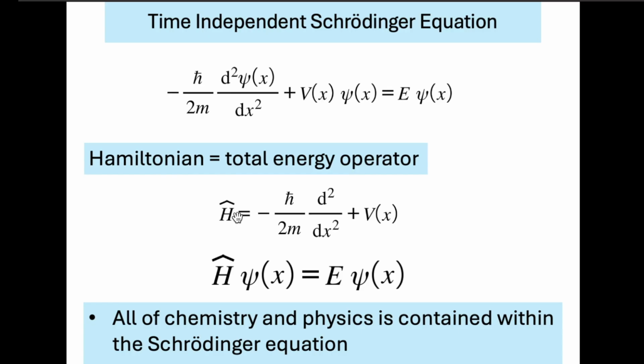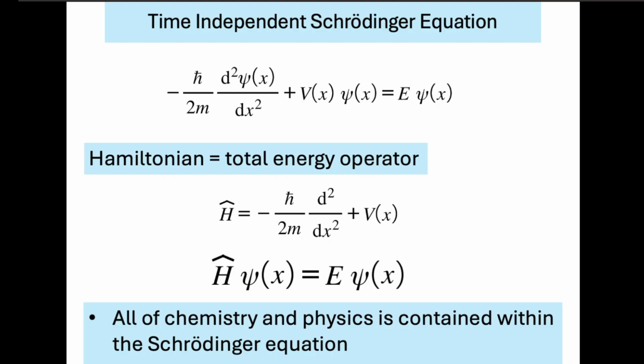If we recognize again that the Hamiltonian is the total energy operator, kinetic energy plus potential energy, then we can write the time-independent Schrödinger equation as simply the Hamiltonian H hat operating on the wave function psi is equal to the energy, a constant, times the original wave function psi.